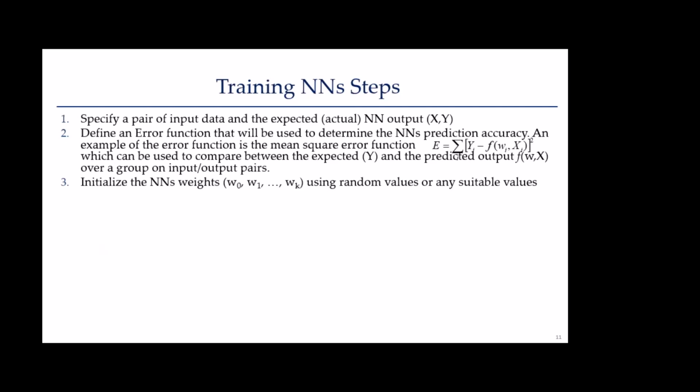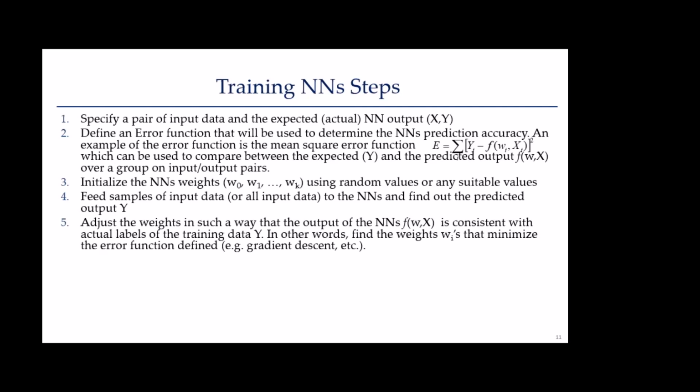With the error function defined, we initialize the neural network weights using random values, and we start feeding our samples to the neural network and find out the predicted output. Then we measure the loss function and adjust the weights as we have seen before.